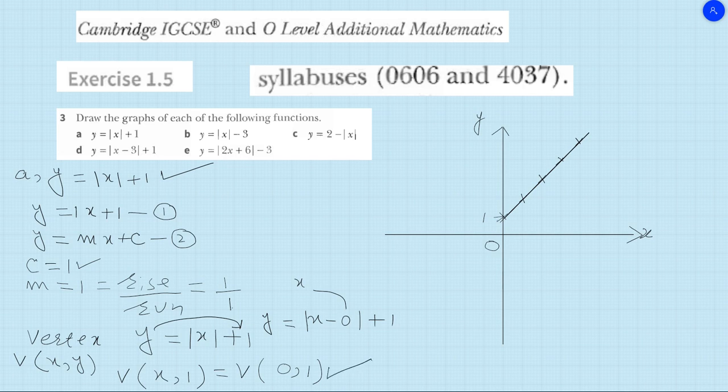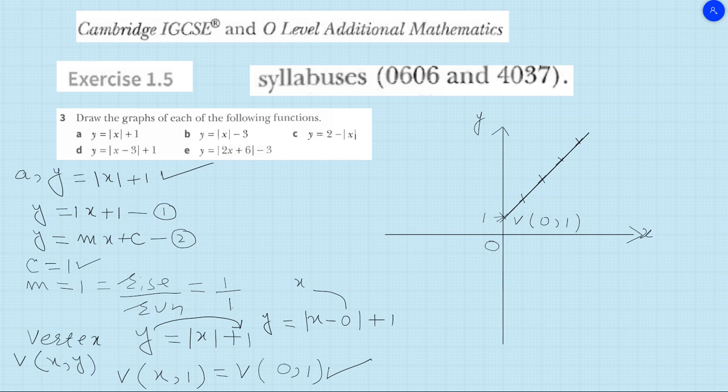Now see our graph. Where is the vertex? This point, this y-intercept, is our vertex. So this is our vertex V, where the value of x is 0 and the value of y is 1.